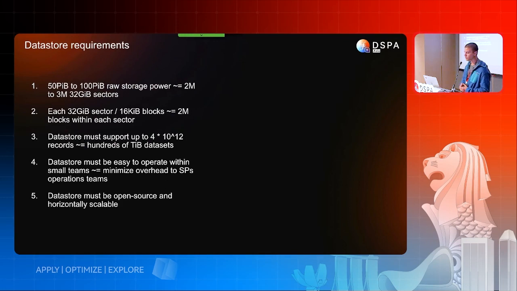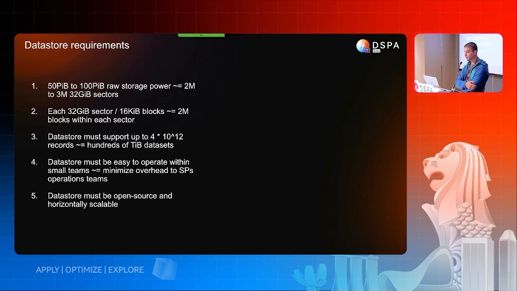So the data store requirements, as I mentioned, from 50 to 100 petabytes. In terms of sectors, this means between 2 to 3 million 32 gigabyte sectors. If we think of every 32 gig sector consisting of 16K blocks, because the data could be fine-grained, not necessarily, but we want to support that use case, that comes at about 2 million blocks within a sector.